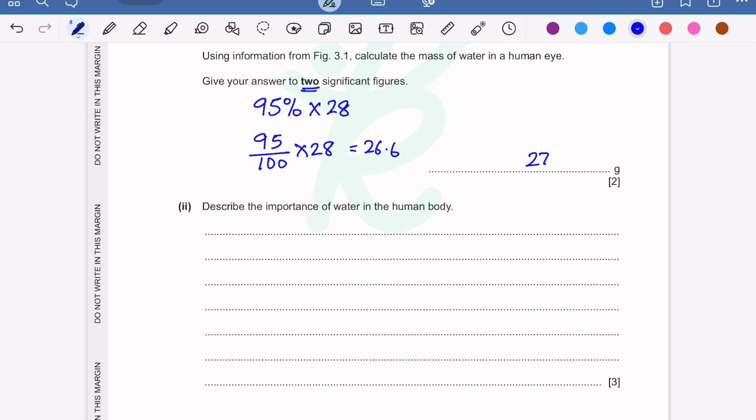Describe the importance of water in the human body. So let us write the importance of the water in the body. Very first is, it is a solvent that solubilizes substances in the body.